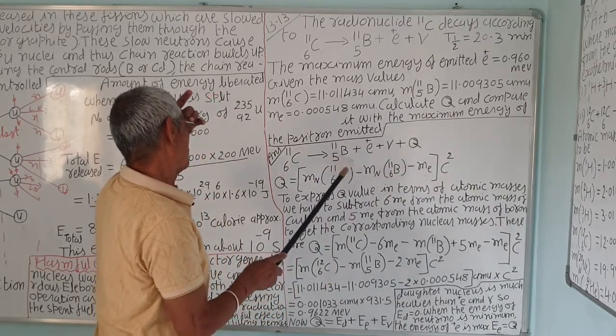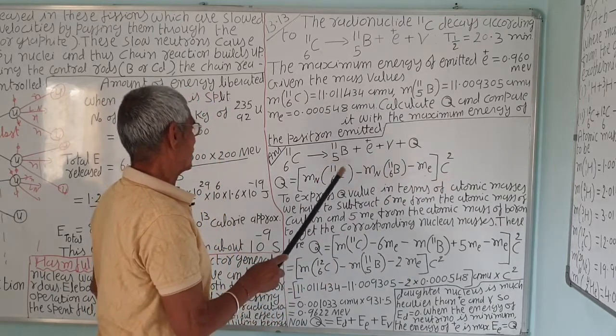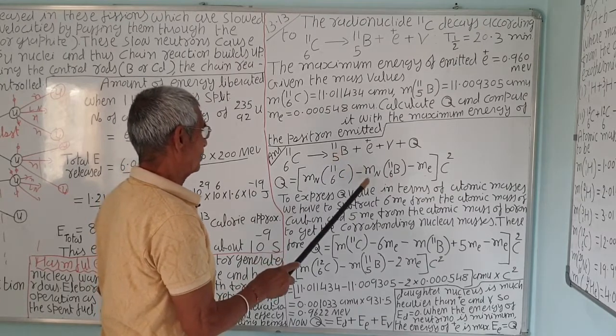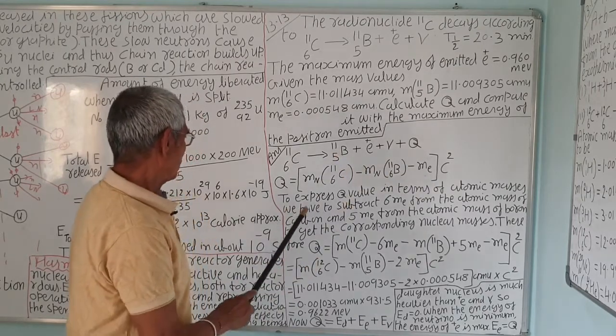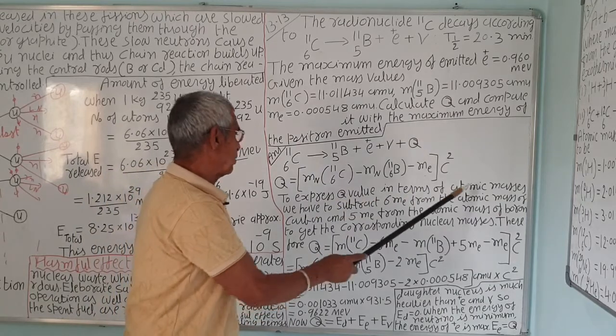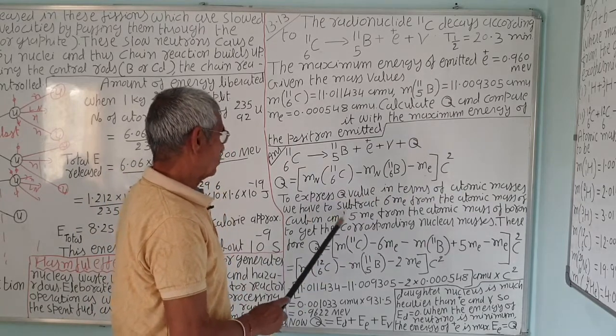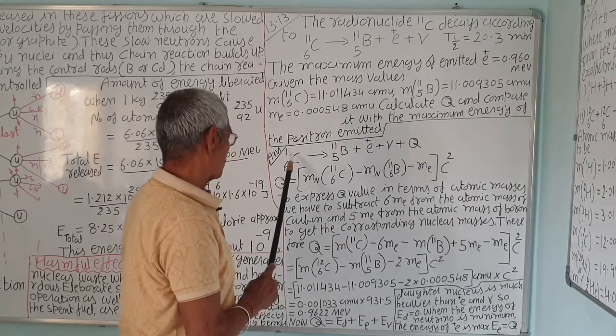Here there are two products among the daughter elements, so we have to subtract the mass of this one and this one. Now, to express the Q value in terms of atomic masses, we have to account for the mass of the electrons also.